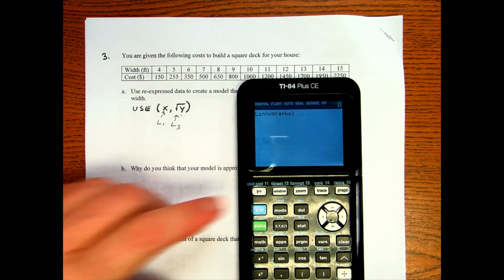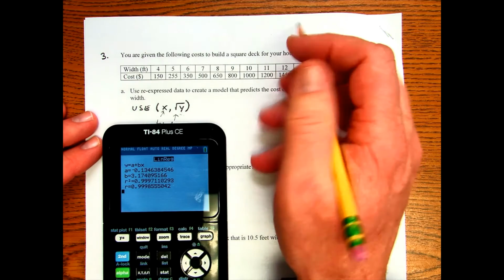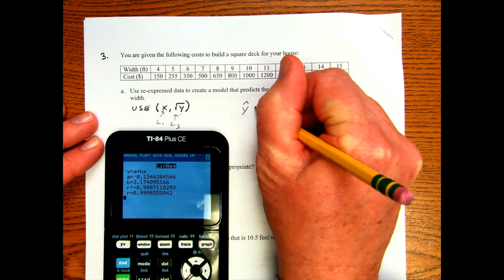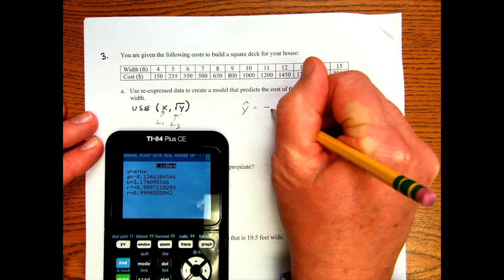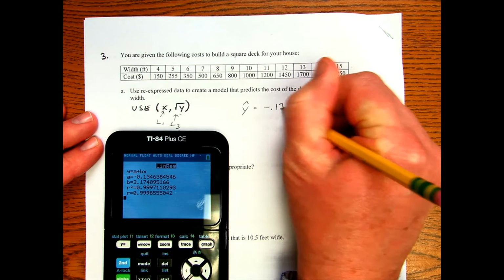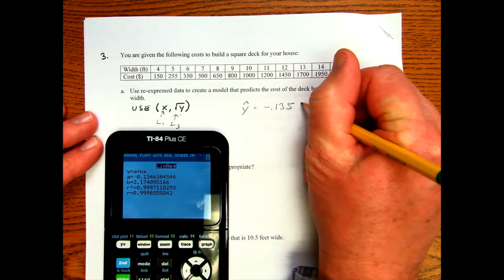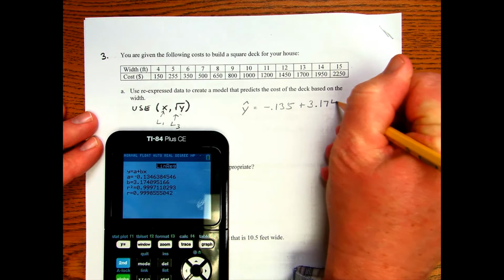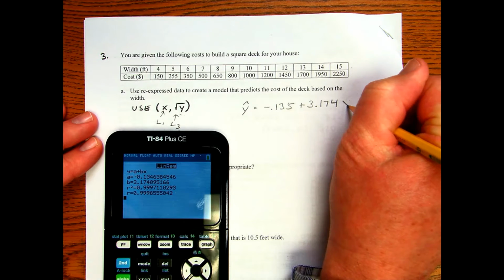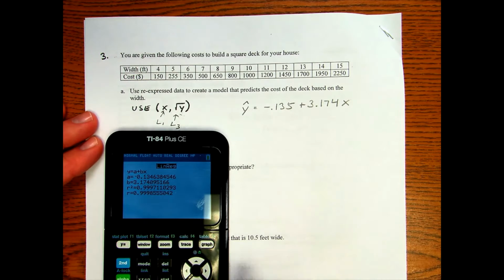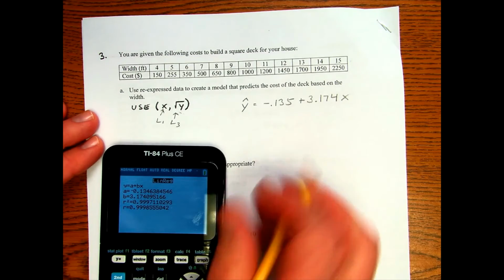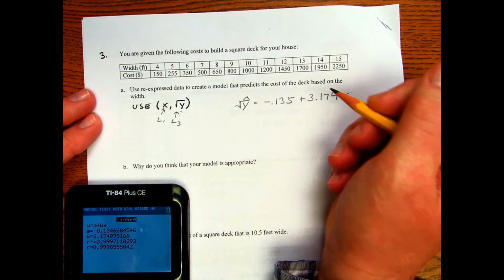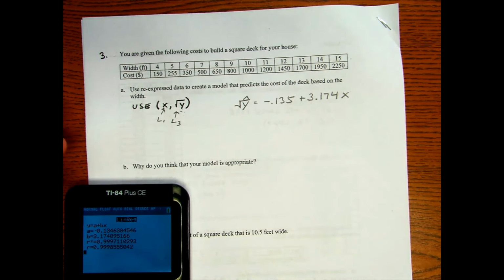Put that equation back again. And that would be the generic, but it's actually the square root of y and x.